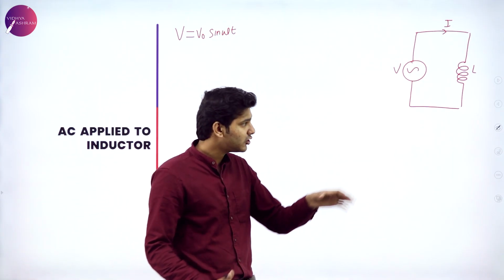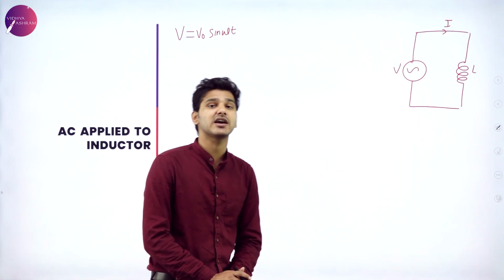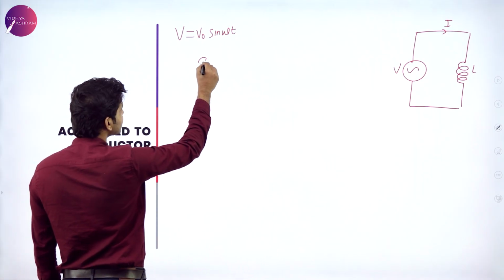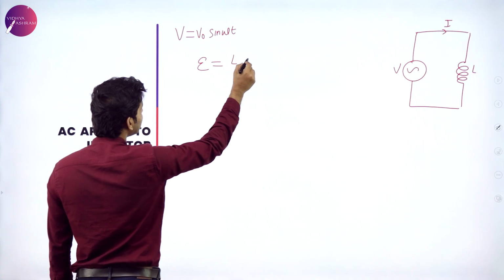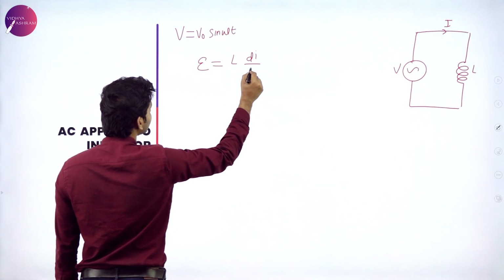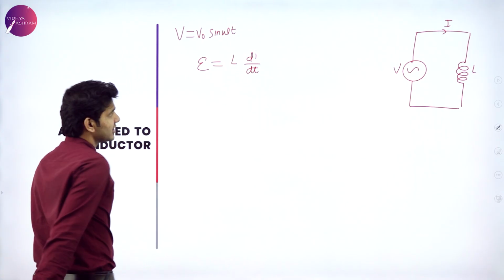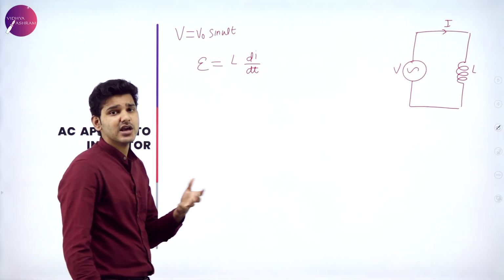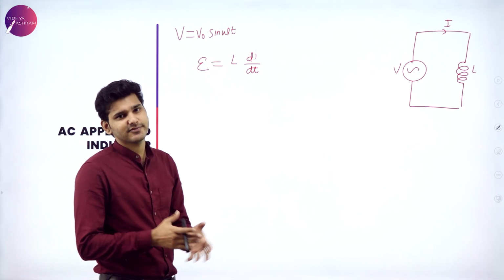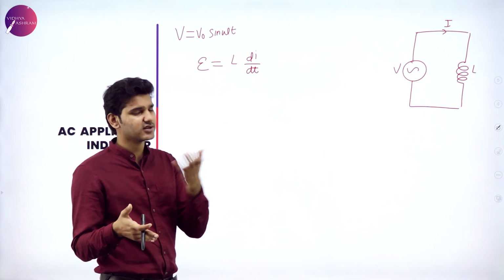And then we know the equation for inductance, and we are going to write it down. That is E is equal to L di divided by dt. This E specifically points to voltage, that is, electromotive force is nothing but voltage.